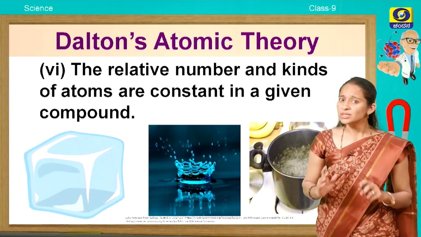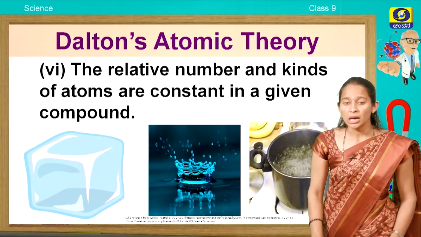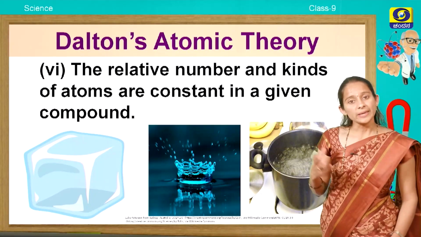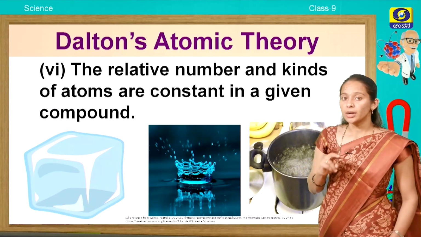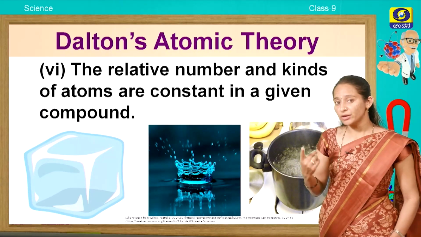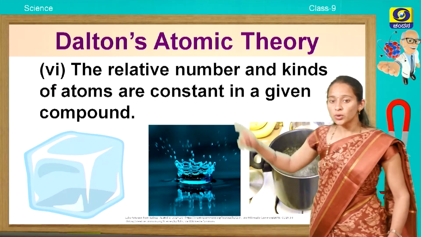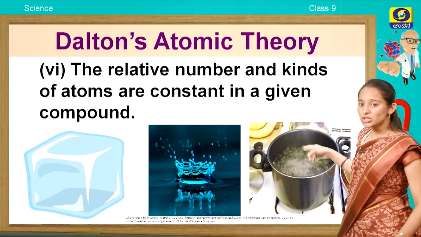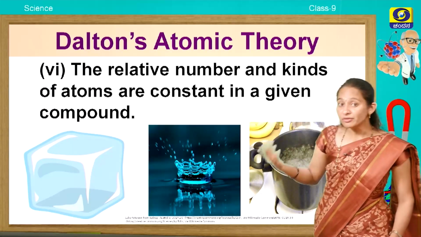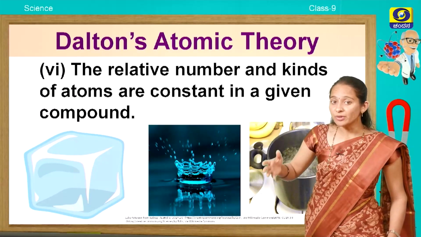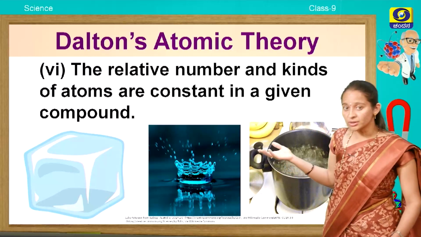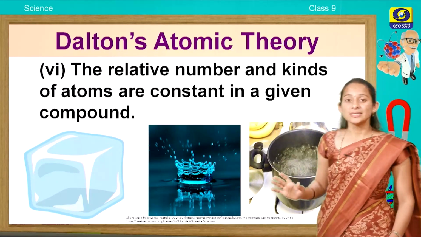In all these three forms of water, the water molecule is H2O only. Two hydrogen atoms combine with one oxygen atom to form H2O. Though the form of water is different, the number of atoms and type of atoms of the water molecule is the same.